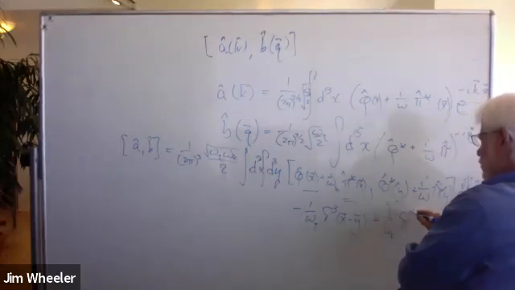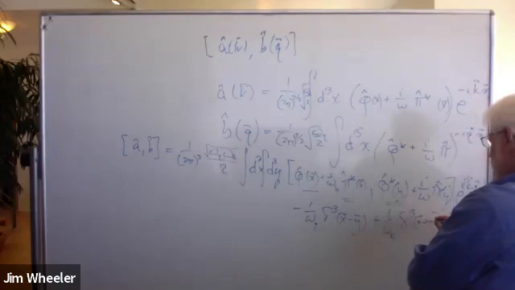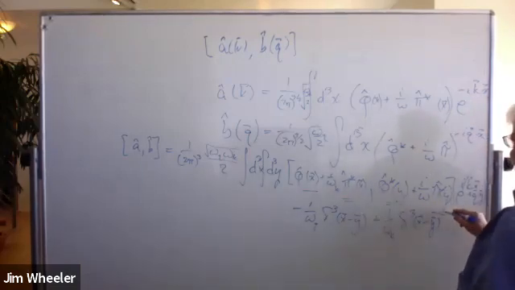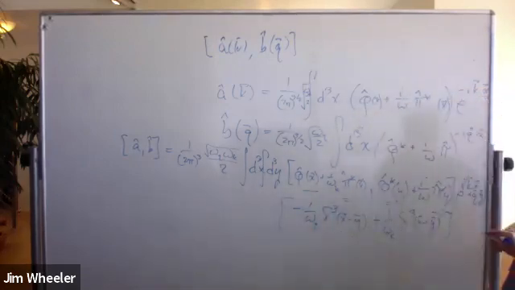And then delta 3 of x minus y. Like that. And that's all, right? That's what we get. Then we have e to the i, right? So k dot x plus q dot y here.